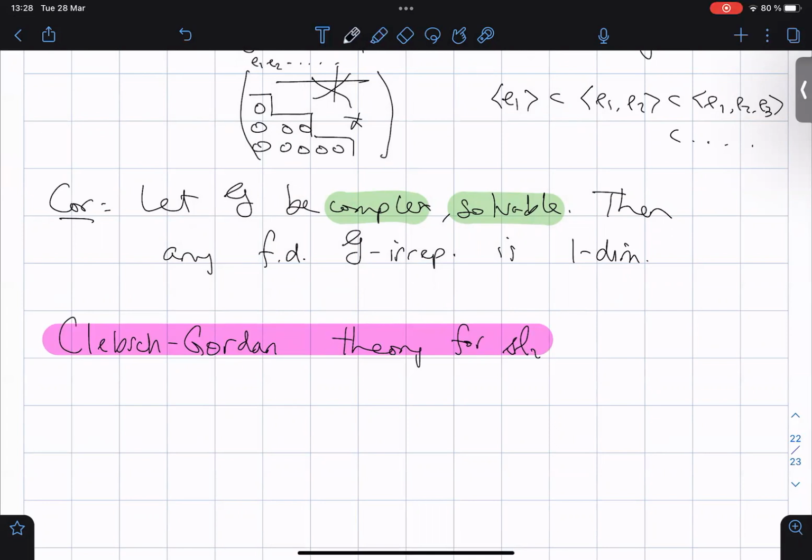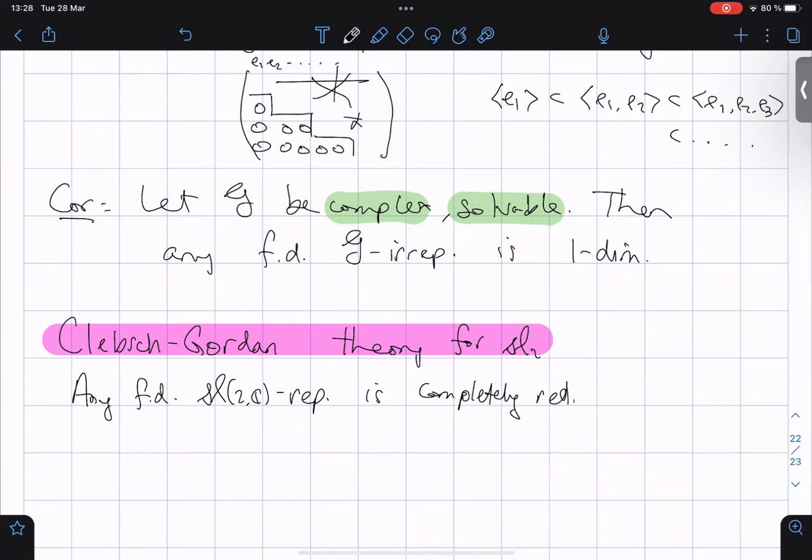Okay, so as I said, any finite dimensional SL2C representation is completely reducible. So we could ask about the so-called plethysm. If I start taking tensor products of irreducibles of, say, SL2, in general that's not going to be irreducible.